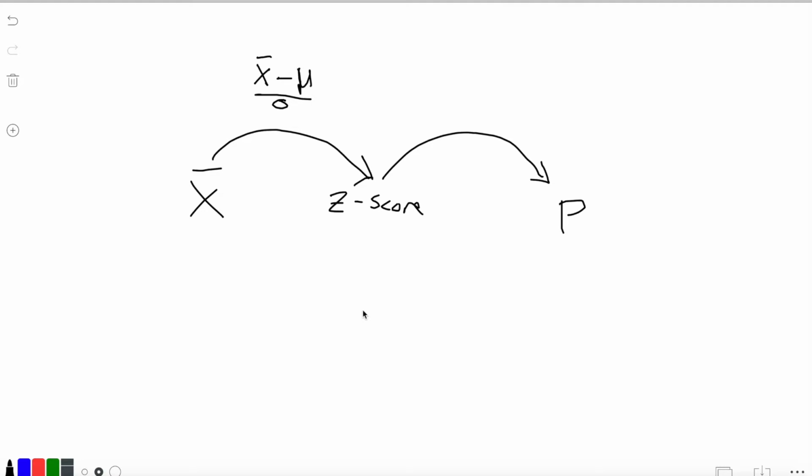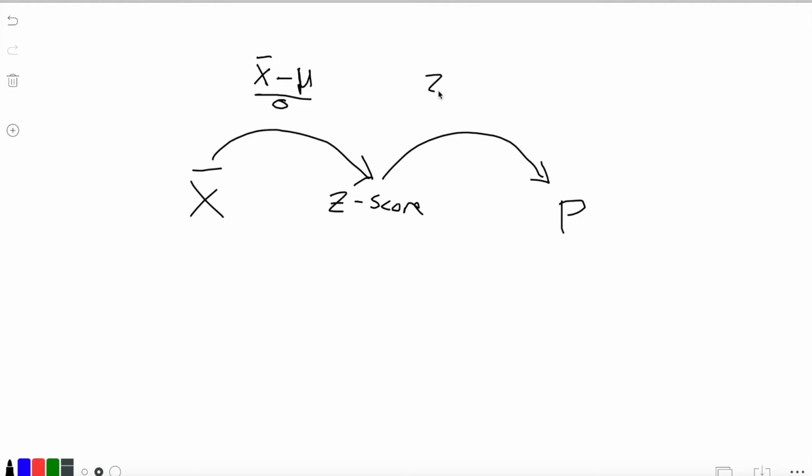So is group 1 different from group 2? We use these p-values as a criteria for that. So for example, if the p-value is less than 0.05, we say those two things are different. So group 1 is not the same as group 2. Again, this is a little bit more advanced than you probably are at this point, so don't worry too much about it. But how do we get to our p-value from our z-score?